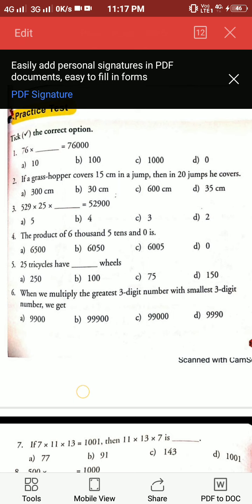See, 529 then 25 multiplied by, here is 20. Then how can we change? Just imagine in your mind. If we multiply by 25, it is not possible to get 0 here. Then what can we do? Just think about it. Yes, we have to change one number into a multiple of 10.